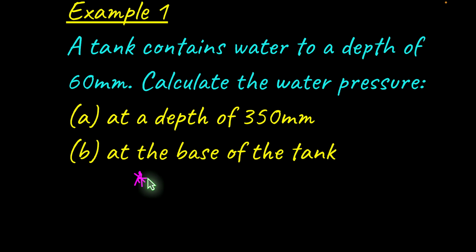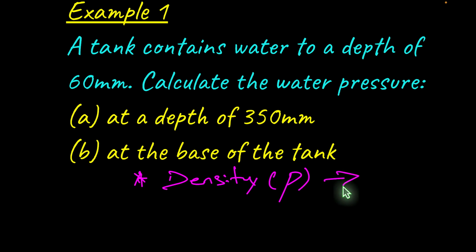So there are three main factors to consider here when we're looking at the pressure in this case. So the first factor is to consider what the density of the fluid is, and the symbol for density is rho, so that's the Greek symbol, and in terms of its unit, it's kilograms per meters cubed. So that's the first factor. The next factor that we need to consider as well is gravitational acceleration.